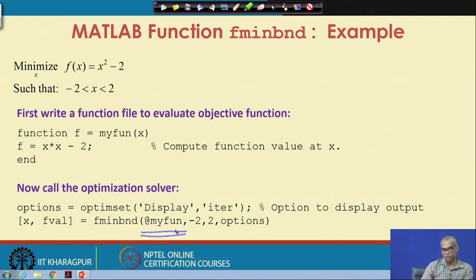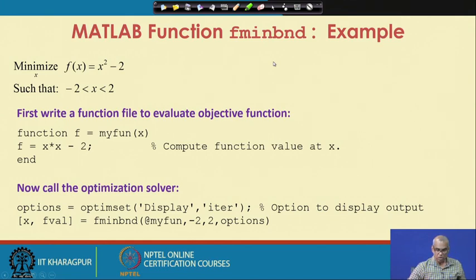So, this is the function which contains the objective function value. So, myfun computes the value of the objective function at decision variable value x and supplies it to the fminbnd solver.